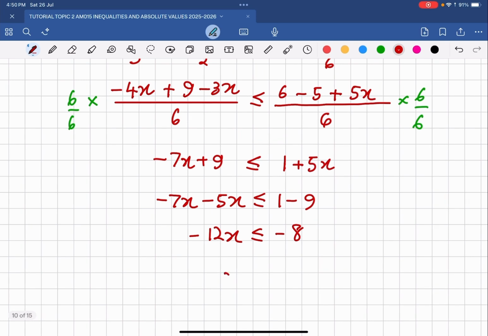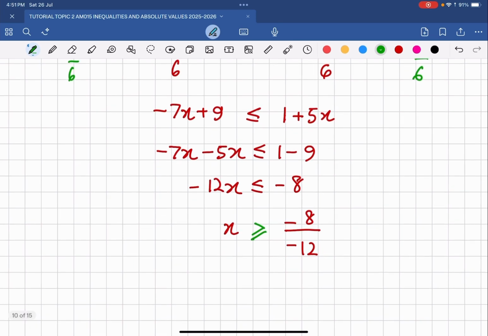Let us divide both sides by negative 12 because we want a positive x on the left-hand side. Negative 8 divided by negative 12, and if we divide by a negative number, there must be a change of sign, so we write greater than or equal to.